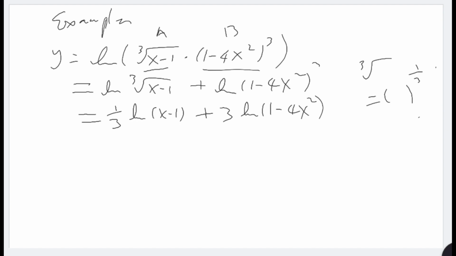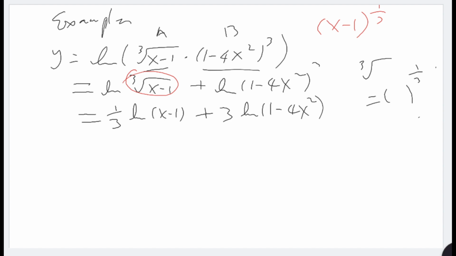Again, I want you to know this guy is the same as x minus 1 to the 1/3 power. That's why we can move the 1/3 to the front. So as far as the simplification is concerned, we're done, and it's very simple to differentiate already.